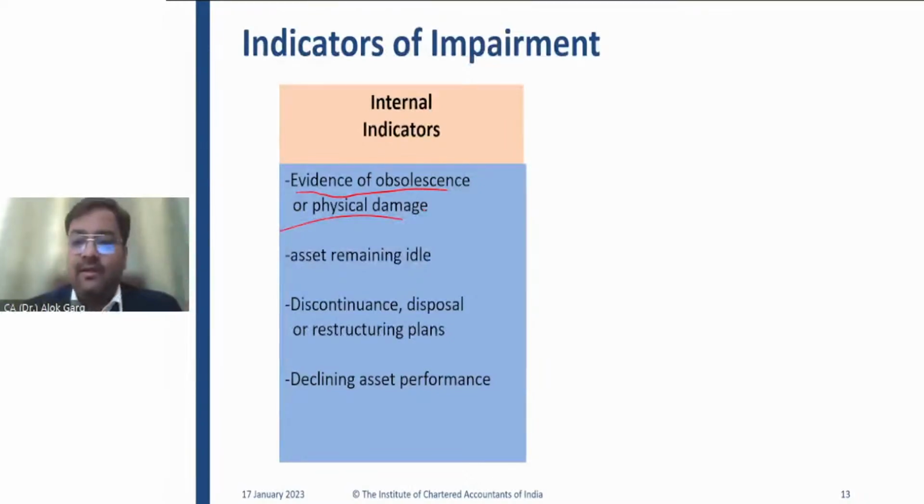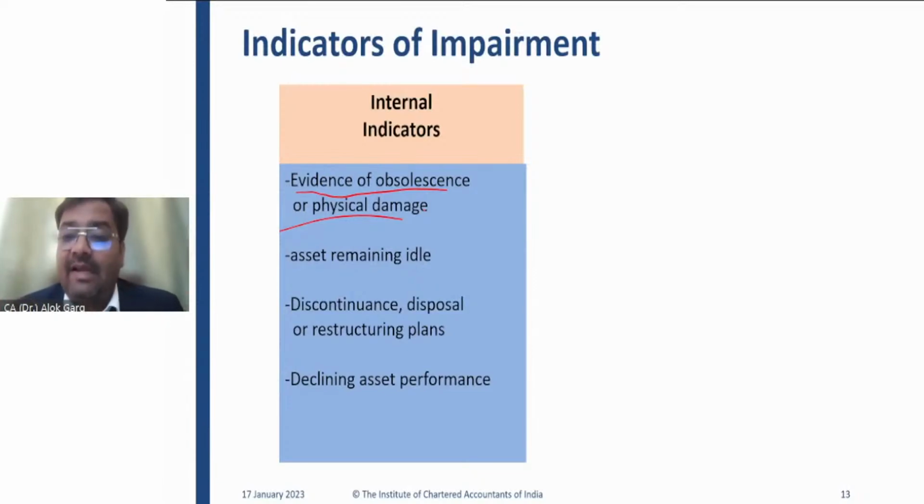So friends, don't get confused, and please try to understand that we are only talking about the possibility of impairment due to some indicators. We are not saying that if these indicators are there, there will always be impairment. It cannot be so, right? For example, the prices are shooting up for the land.